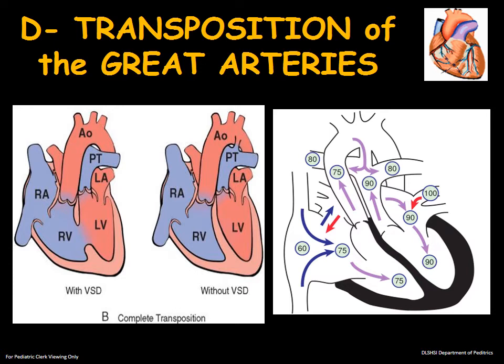It goes to the left side, unoxygenated, going to your pulmonary artery. Thus, your patient is usually cyanotic. You need an interatrial or ventricular communication or a patent ductus arteriosus so that there will be mixing of both oxygenated and unoxygenated blood for the patient to survive.